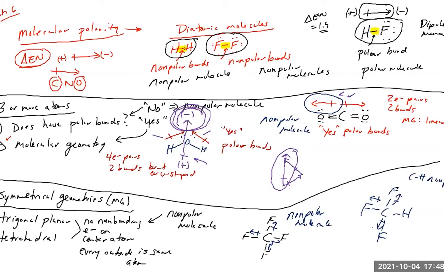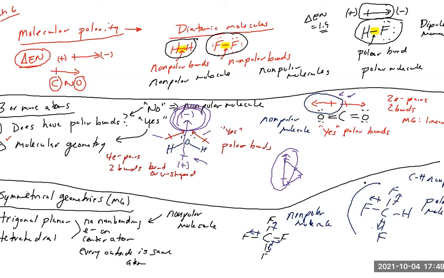By replacing one fluorine with hydrogen, those three fluorines on this side are all pulling in that direction, and nobody is pulling back the other way. Going back to the tug of war example, you have three people on one side and one person on the other. The three people will pull that one person across into the mud. So we go from a non-polar molecule to a polar molecule.